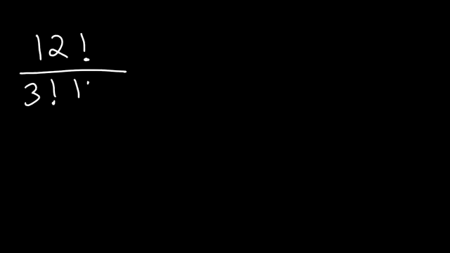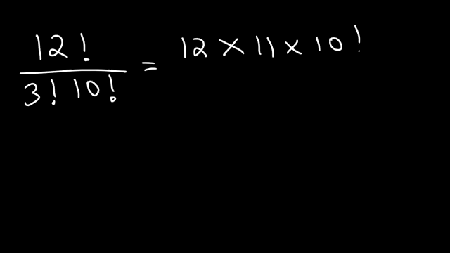Now what is 0 factorial? What is that equal to? 0 factorial, if you ever see it, is 1. So just keep that in mind. Try this one. 12 factorial divided by 3 factorial times 10 factorial. Now 12 factorial, that's going to be 12 times 11 and then times 10 factorial. 3 factorial is going to be 3 times 2 times 1.